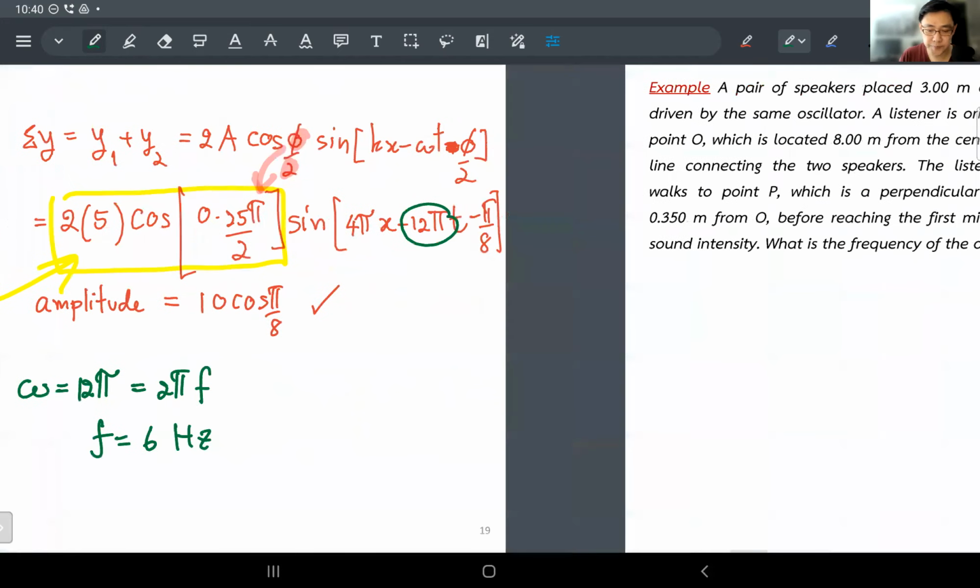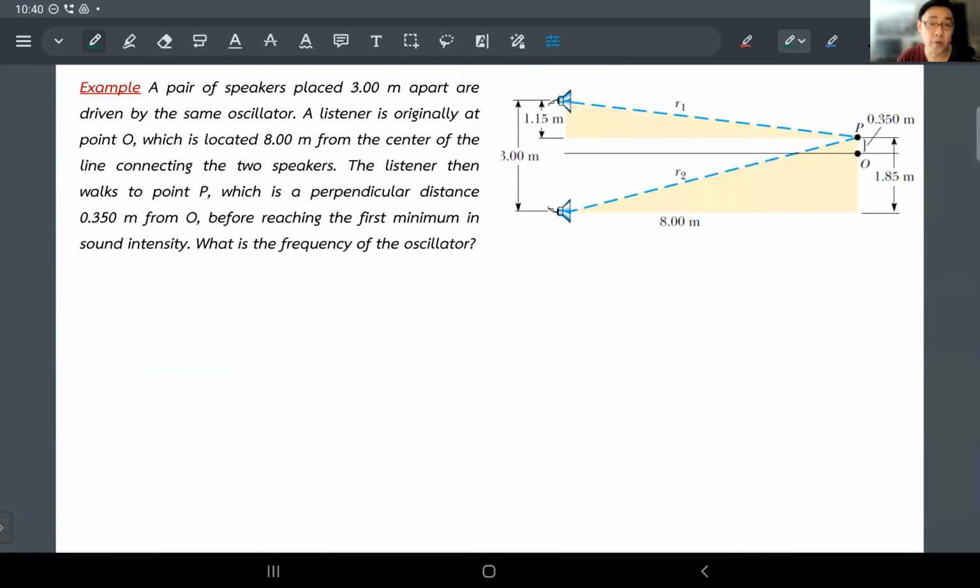There you go. All right, now this is a more realistic one. So you have a pair of speakers placed 3 meters apart and driven by the same oscillator. So just guarantee that the sounds coming out of these two speakers are identical. A listener is originally at point O, at the center, which is located 8 meters from the center of the line connecting the two speakers.